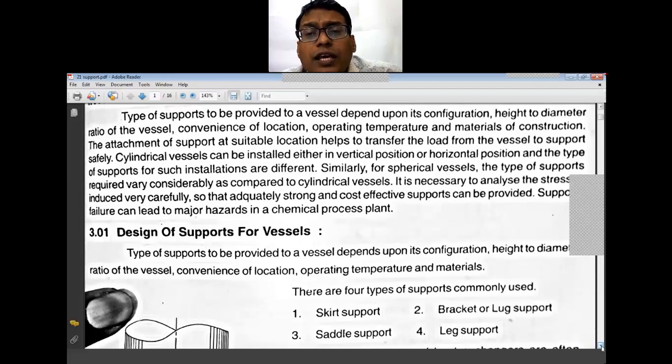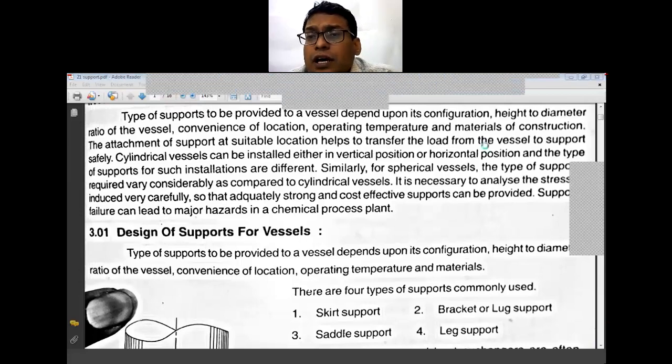Now, one aspect is related to the type of the vessel, that is whether it's a spherical vessel or a cylindrical vessel. In addition to that, it also depends on the height to diameter ratio of the vessel, that is, what is the height of the vessel.